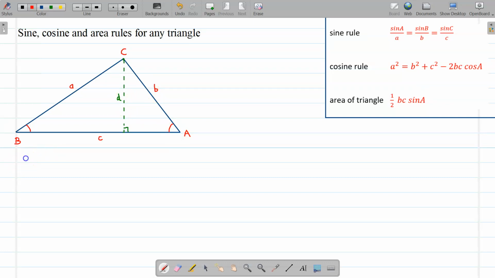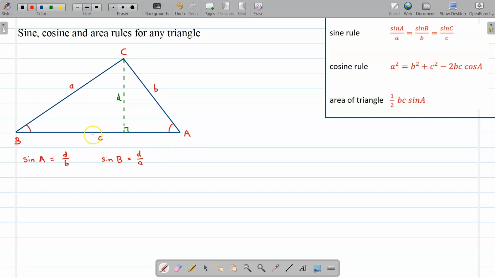So I'm going to write here that sine of angle A equals d over b. And I'm also going to say that the sine of angle B is going to equal the opposite, which is d, over the length of the hypotenuse, which is a.